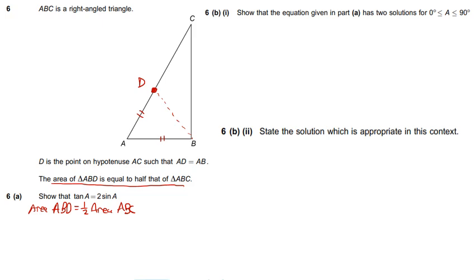Well, we know that the area of any triangle is equal to a half of, in words, 2 sides times the sine of the angle between them.